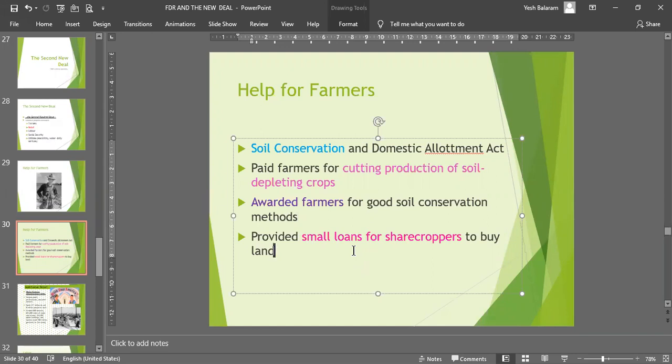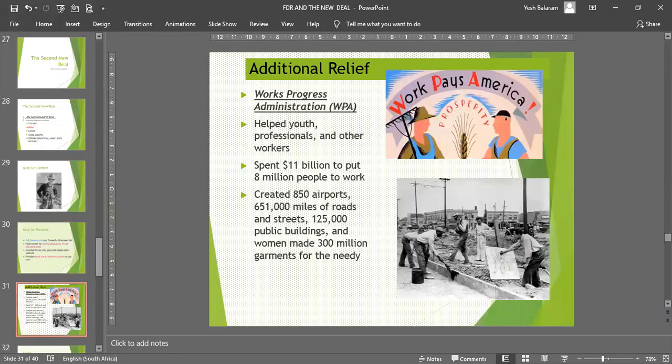So if they produce, let's say, 50 kilos of tomatoes for the month, they might give 5 kilos to the landowner as rental instead of money. So he decided to encourage these sharecroppers to own land by giving them small loans. So this will motivate the sharecroppers to produce more.